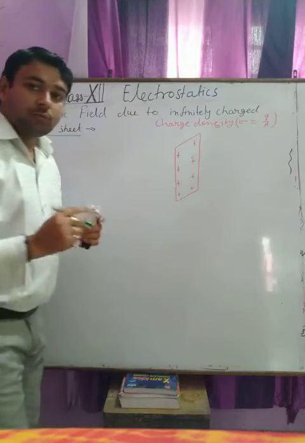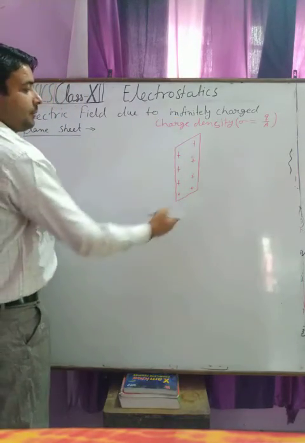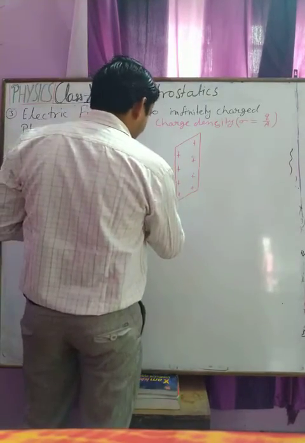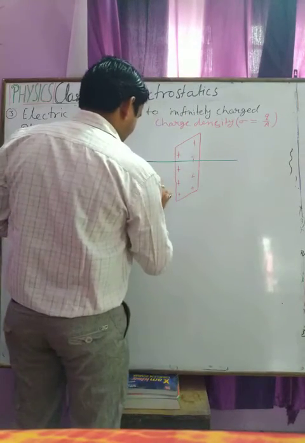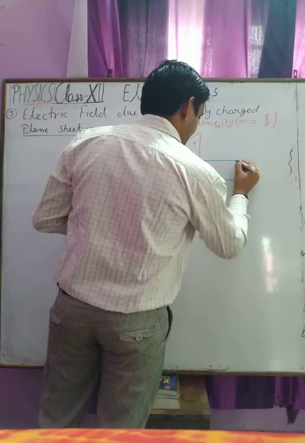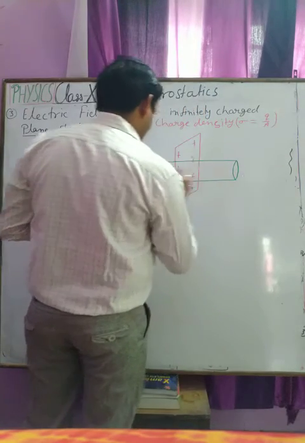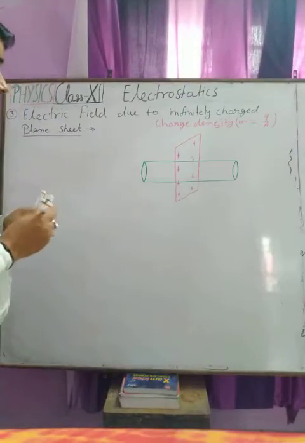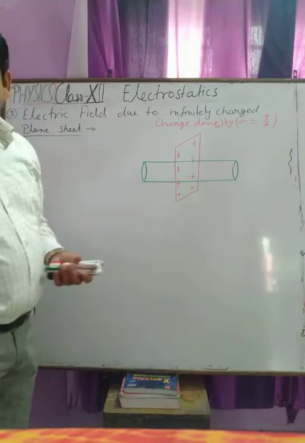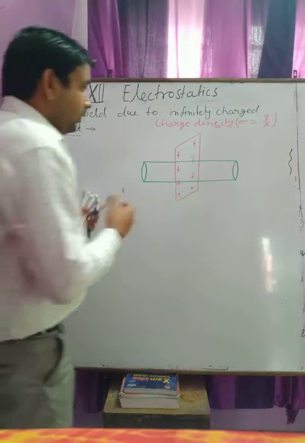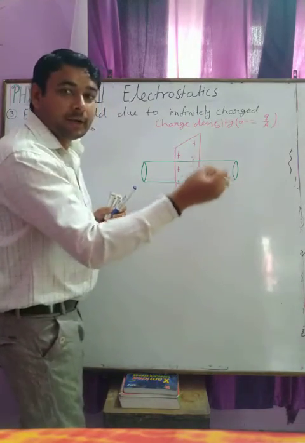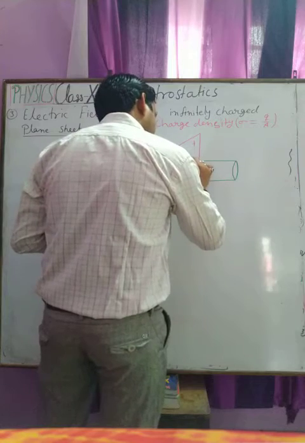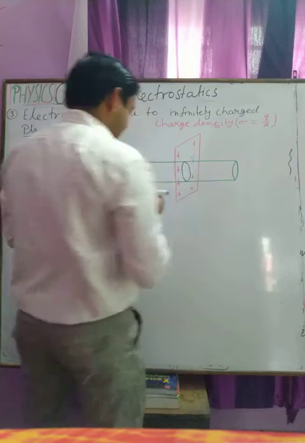Therefore, now for calculating the electric field due to this charged plane sheet, we consider here a cylindrical Gaussian surface, and this cylinder is passing through this charge sheet and containing some charge with it.